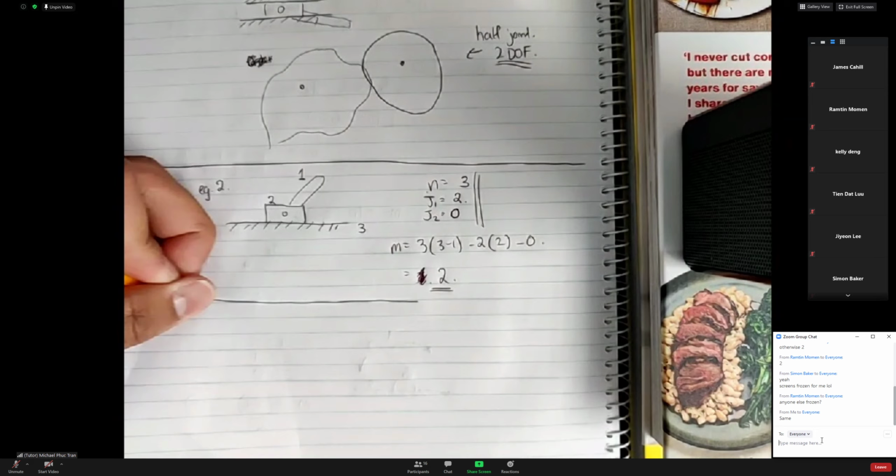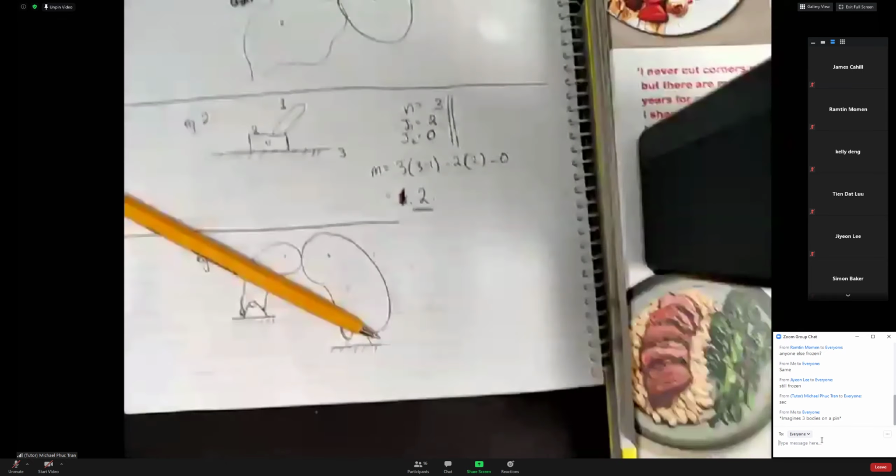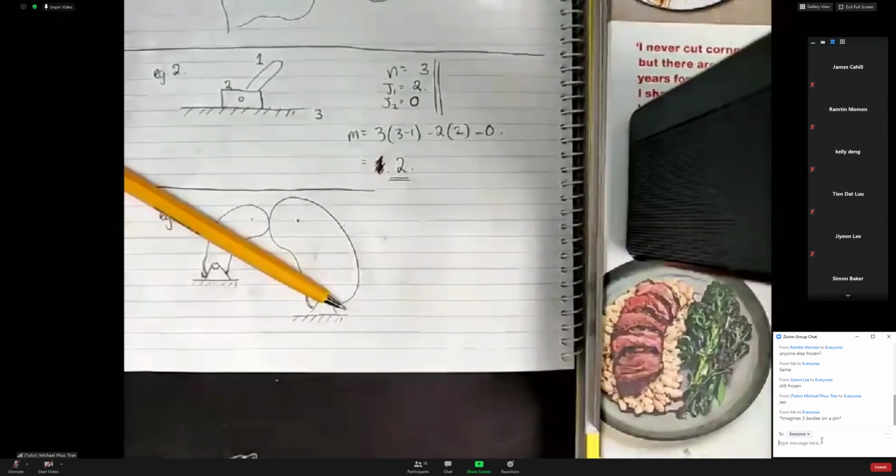We're going to pretend that these bodies are attached to the pin. Okay, how's that?